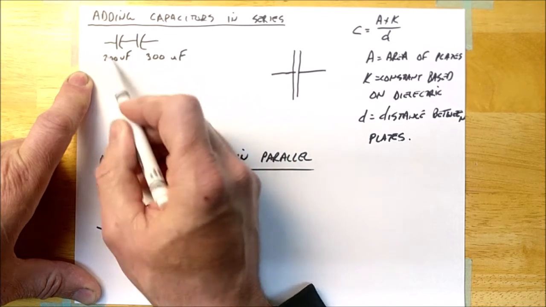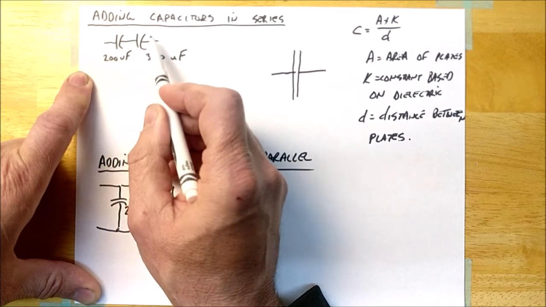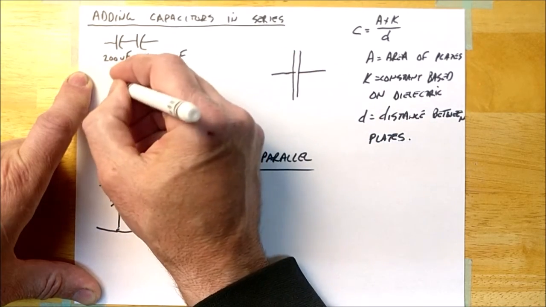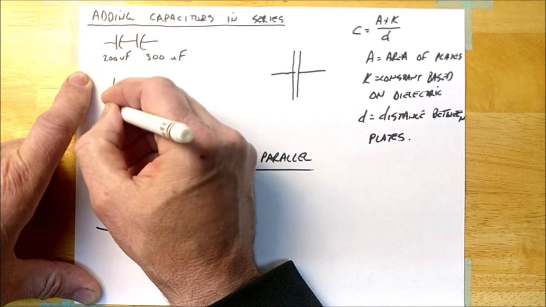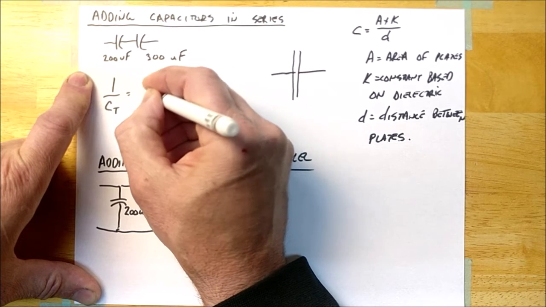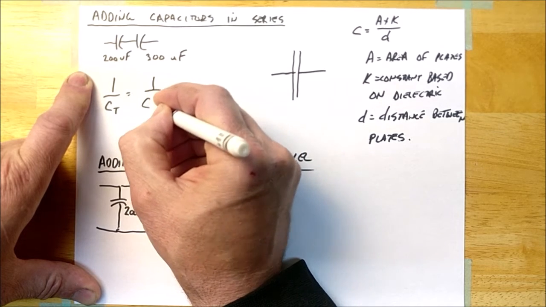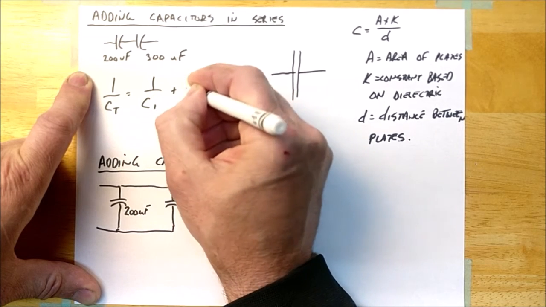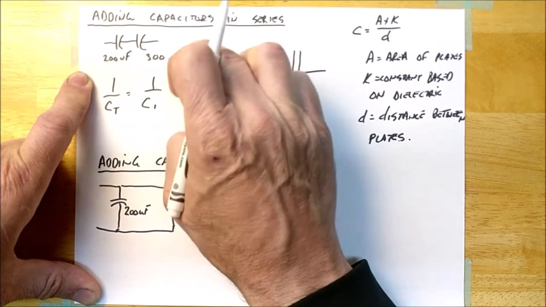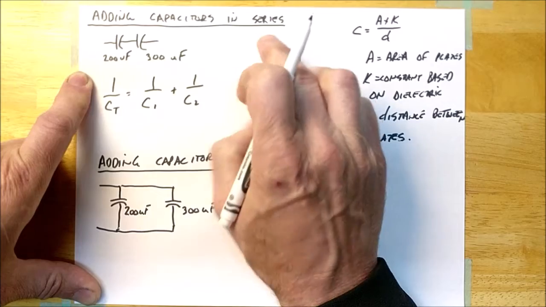And so the formula that we use to calculate the microfarads, if I have capacitors in series, is a formula that you will probably recognize from level 1. It is the reciprocal formula. Now, in level 1, the reciprocal formula was used to calculate resistors in parallel.